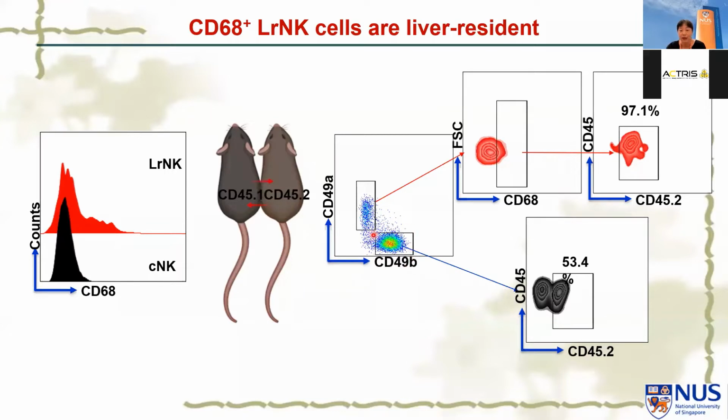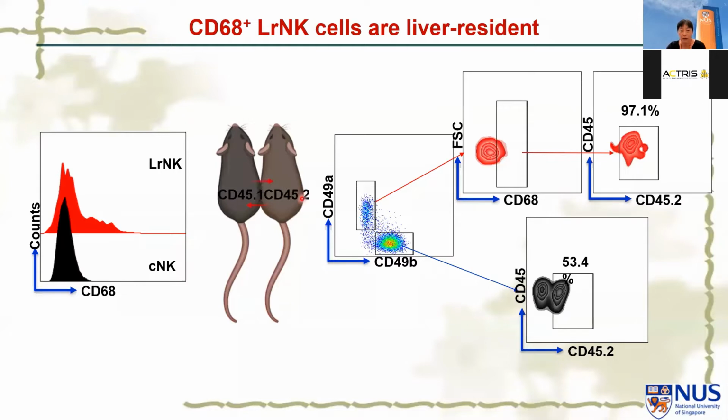Okay, so we looked at the conventional NK cells, which are CD49B positive. You can see half and half. So half is from the host and half is from the pair, because we link their blood vessels together. But if you look at the resident cells, especially the CD68 positive cells, almost 100% of them are CD45.2 positive, suggesting those cells are actually host resident in the liver.